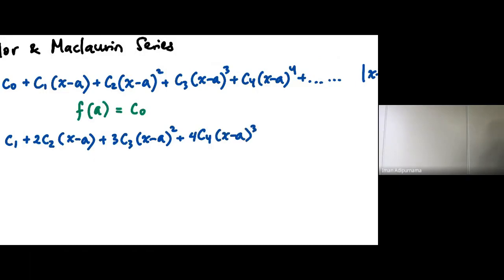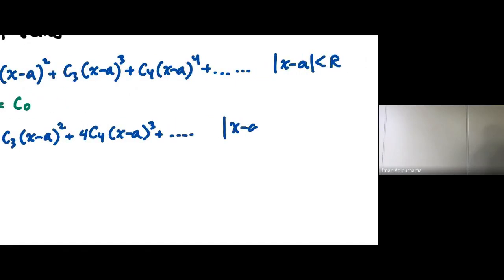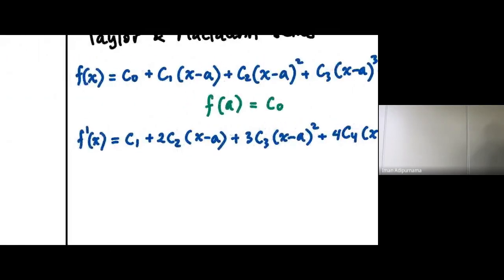Basically you are differentiating the previous function. And then plus, still the same ratio. Let's also evaluate at x equal to a. So let's put a inside, and this will be removed, right? So f prime of a will be equal to C1.